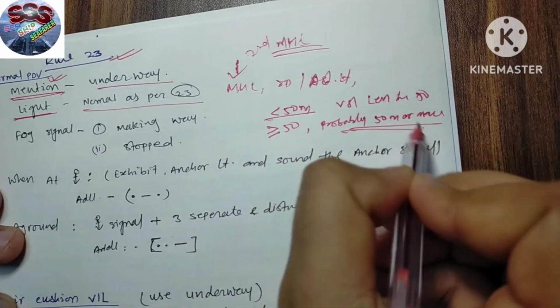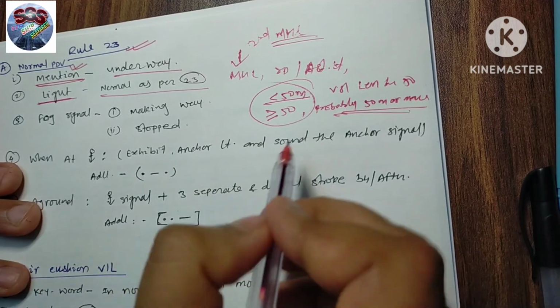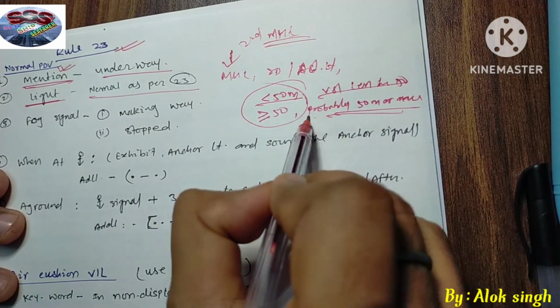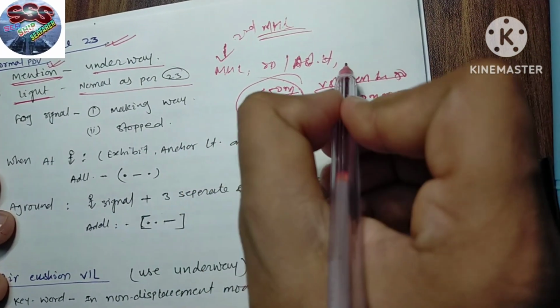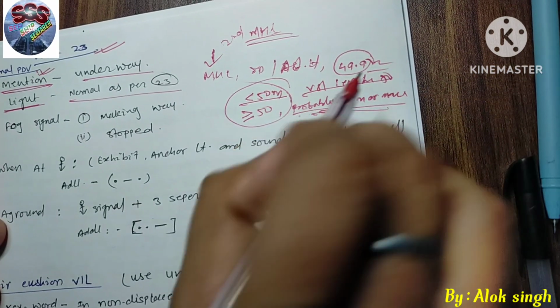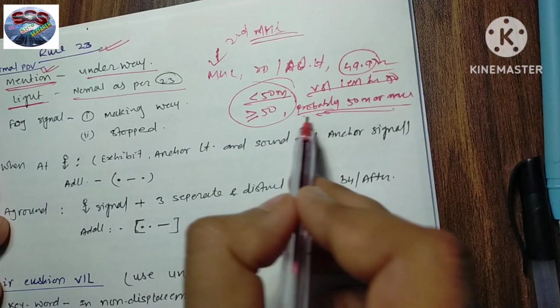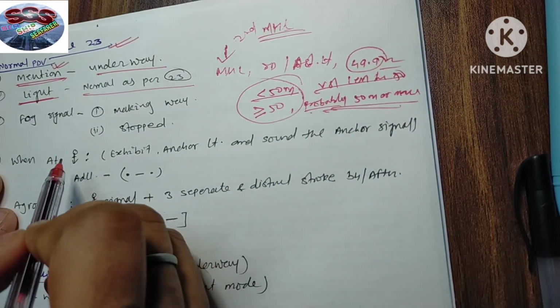Even though it is written on the card, I am still highlighting it because this is a critical point where we make mistakes. So you must say less than 50 meters, and whenever it is 50 meters or more, it includes 50 meters. If this vessel is only 49.9 meters, to make it clear, then 40 up to 49.99 meters is less than 50, and anything 50 meters and above becomes 50 meters or more, and this thing we have to mention.